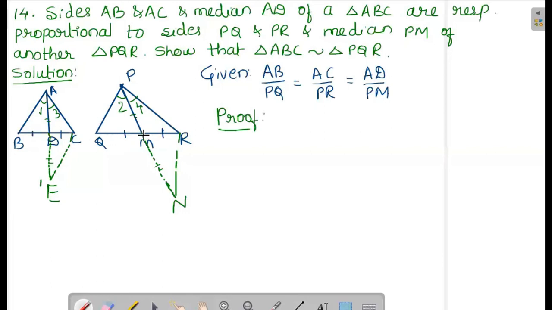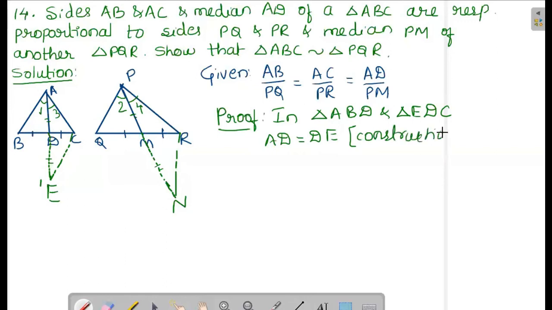So they are not sides of the same two triangles, but we'll make use of this given. I'll consider triangle ABD and triangle EDC. See here, ABD and DEC. AD is equal to DE by construction.